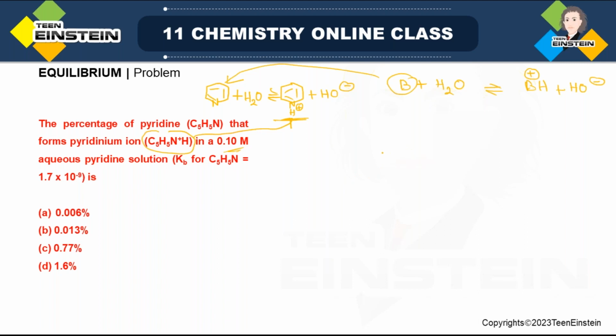So this is the initial concentration, but only the percentage that is dissociated, that percentage you have to calculate, because here it is mentioned, percentage of pyridine that forms pyridinium ion. That means from B to BH plus, this percentage, which is nothing but alpha. It is basically asking the value of alpha. C is given, and the Kb value is given for this base, which is 1.7 times 10 to the power minus 9. So only alpha is unknown.